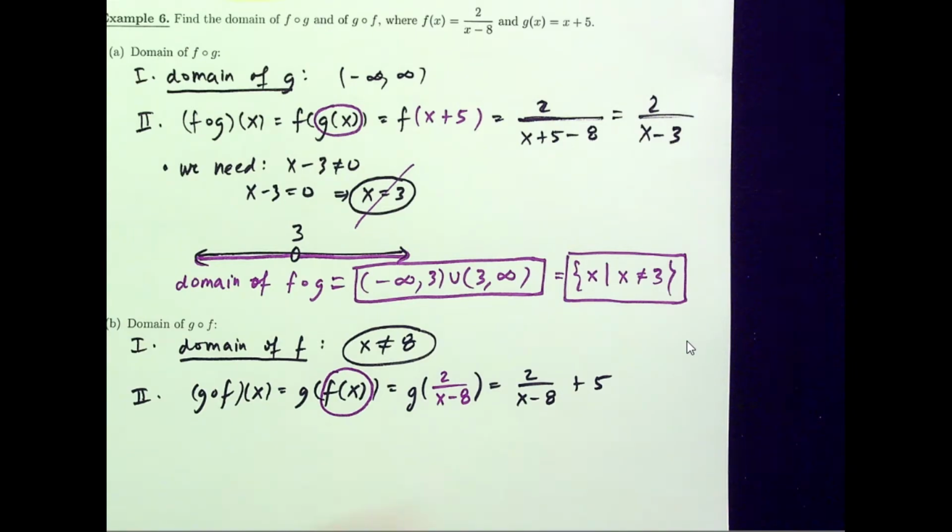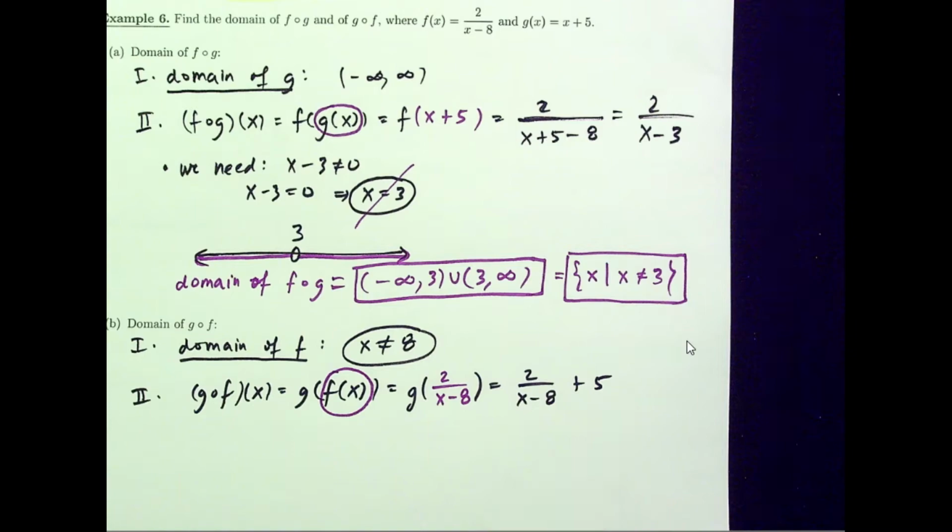Okay, so that is the composition. And now we have to find the domain of this. First you simplify if you can. This one you don't really have to combine into a single fraction. You may leave it like that.